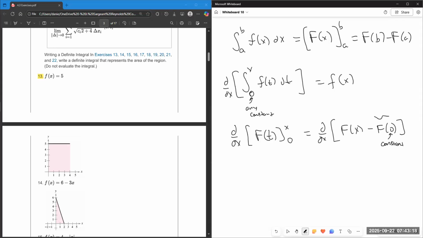This whole thing here is a constant. And then when I take the derivative, the derivative of the antiderivative is the original function. And then that's going to be minus 0, whatever this is, it's going to give me 0, and that's going to give me my original function f of x.